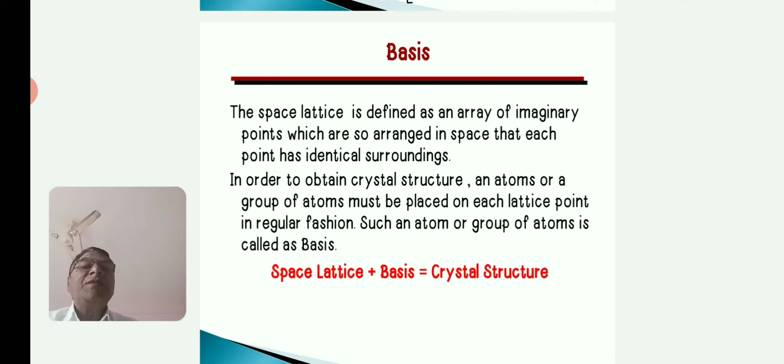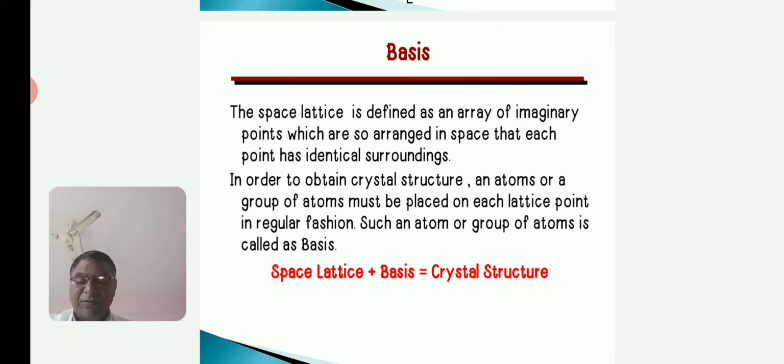Such an atom or group of atoms is called basis. Mathematically, space lattice plus basis equals the crystal structure. Thus, whereas lattice is a mathematical concept, the crystal structure is a physical concept.